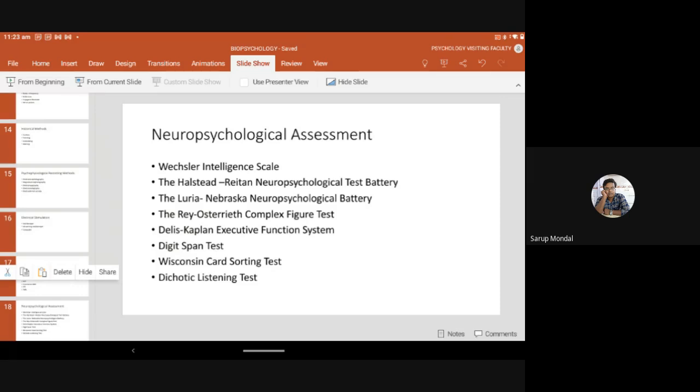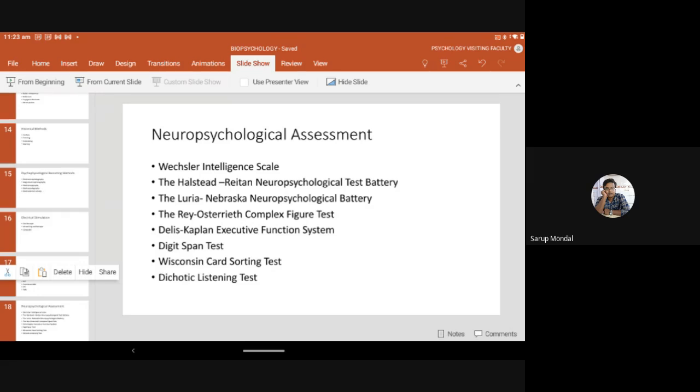Then the dichotic listening test. Now, di means two and otic means ear. So, dichotic means a two-ear test, right? This is a non-invasive test, initially used to investigate selective attention, but later used to assess the hemispheric lateralization of language ability.